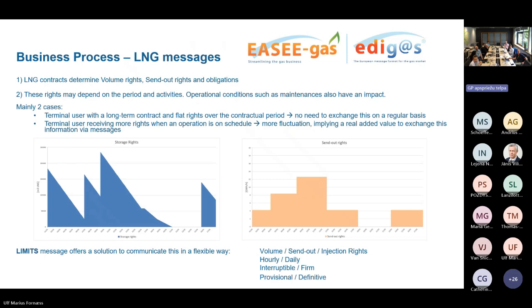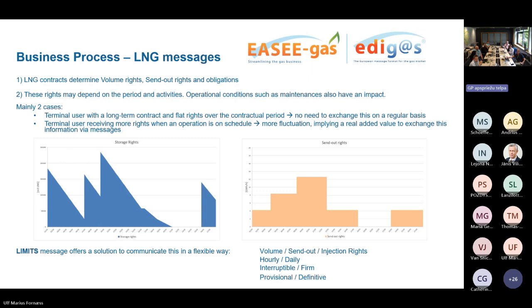Even the seller price is linked to whether the operation is on schedule or not. There you can see that it doesn't change that much, but still it's not constant over time. So for both of those pieces of information, it's quite interesting for the terminal user to receive them via message.